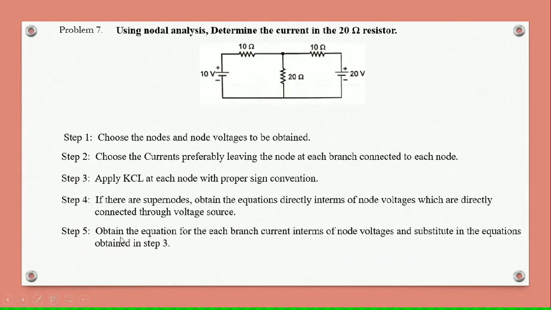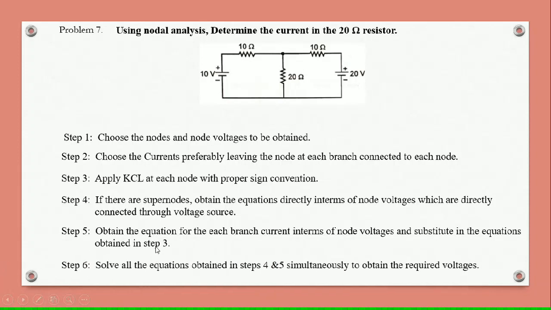Step number 5, obtain the equation for each branch current in terms of node voltages and substitute in the equations obtained in step 3. And the last one, step 6, solve all the equations obtained in steps 4 and 5 simultaneously to obtain the required voltages.